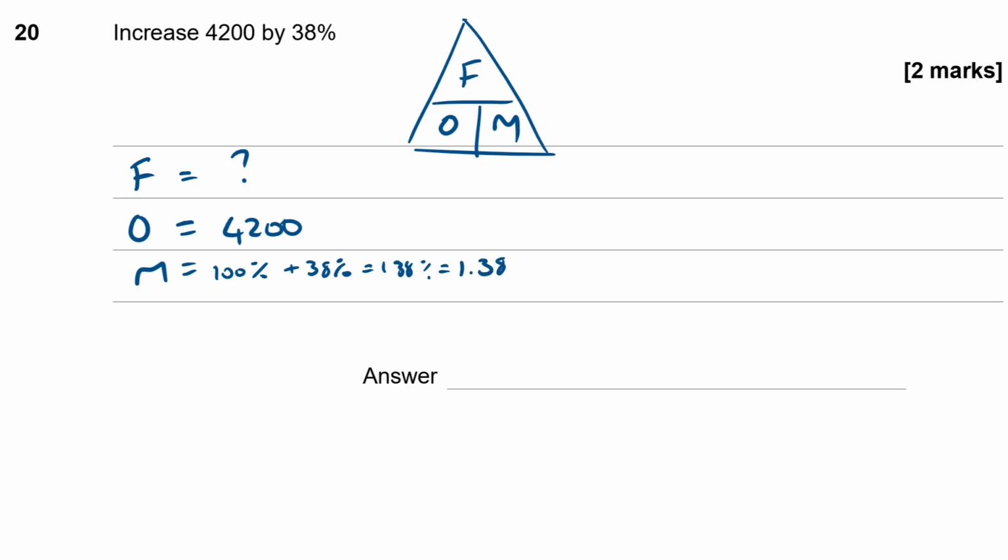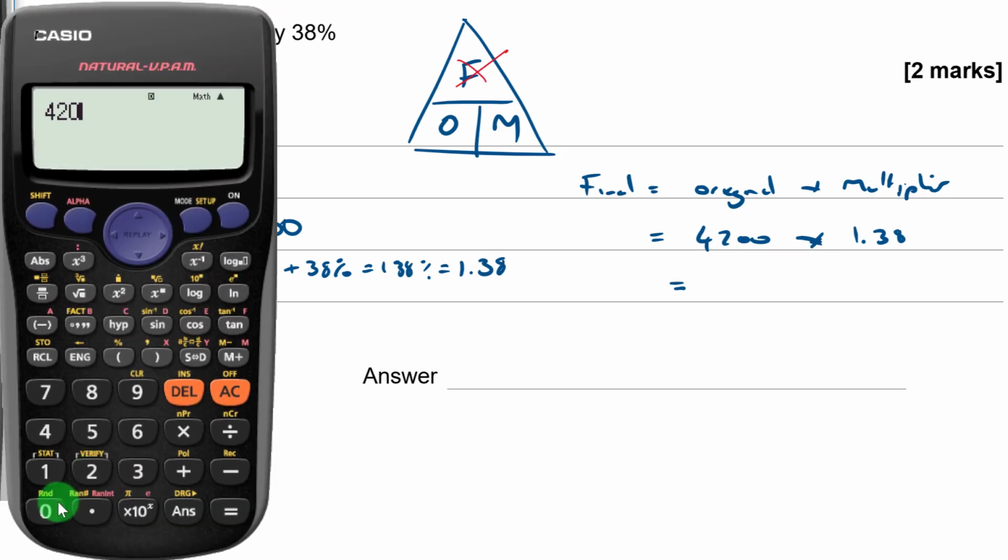Okay, so covering up the one I want to find, F, tells me that final equals original times multiplier, which is 4,200 times 1.38. Okay, reaching for the calculator. 4,200 times 1.38 is equal to 5,796.